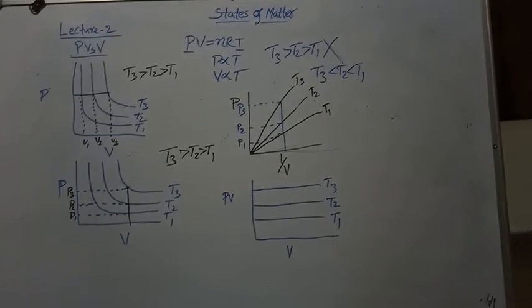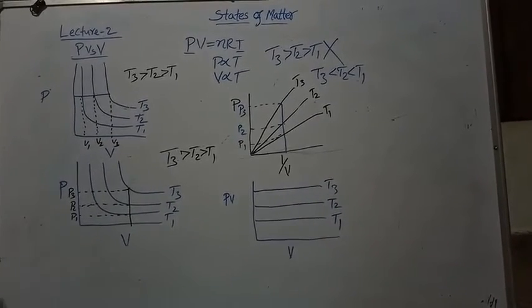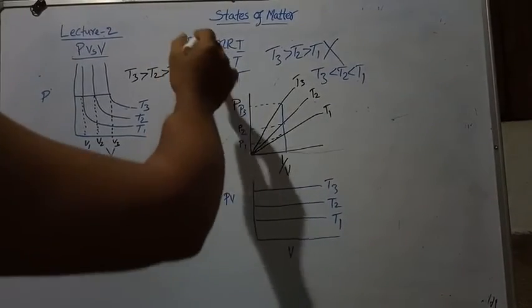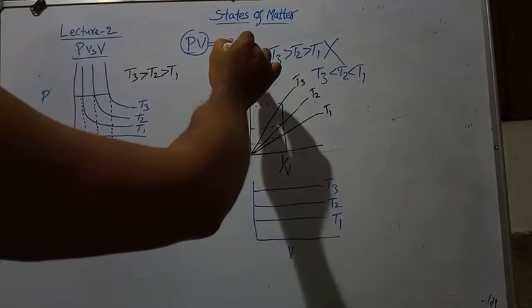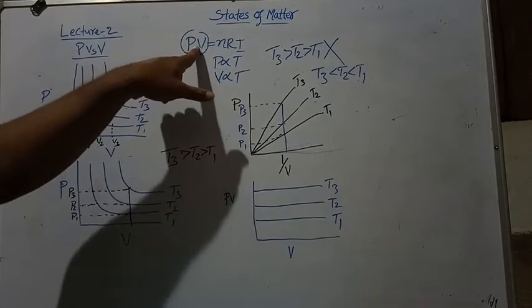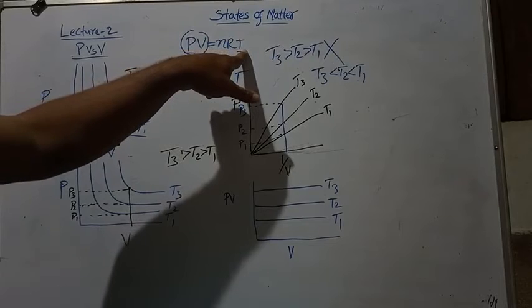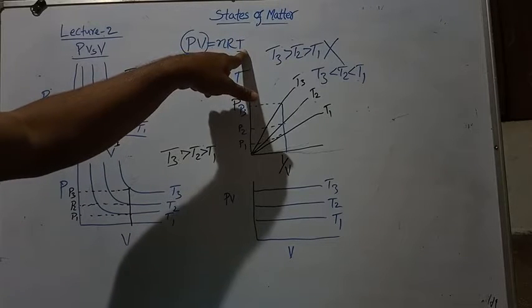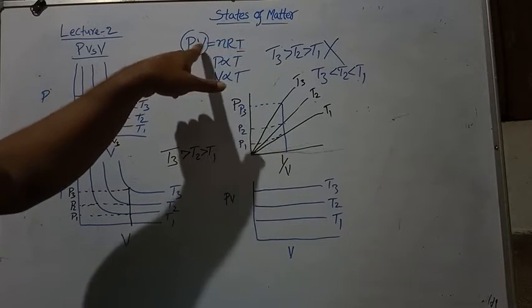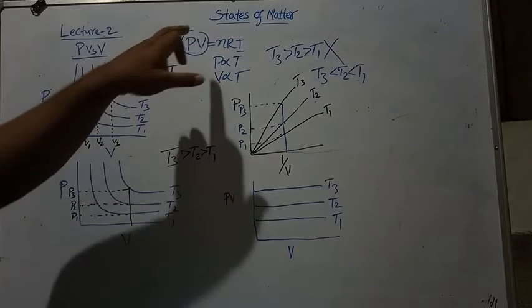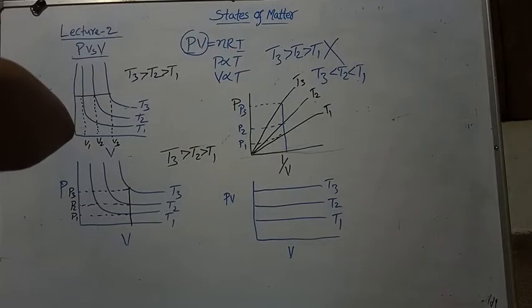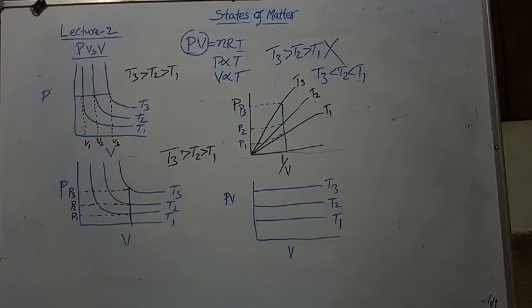See that relation. How to check it? Here PV equals nRT, so PV is directly proportional to temperature. Whenever temperature increases, what happens to the PV value, the product of pressure and volume? It increases.